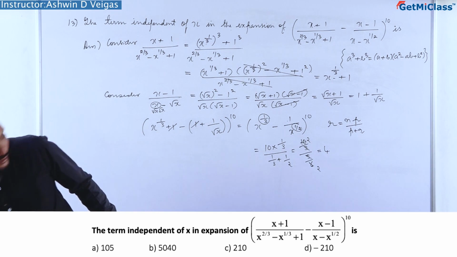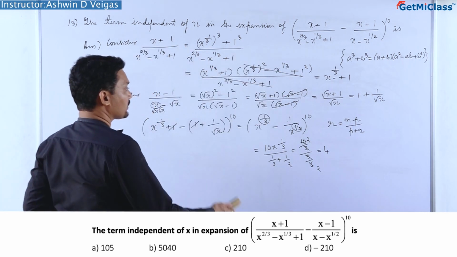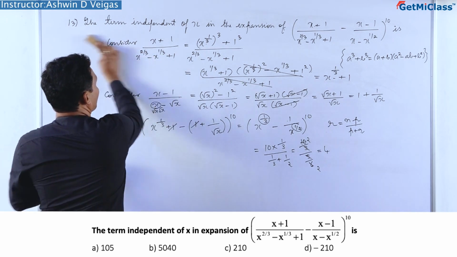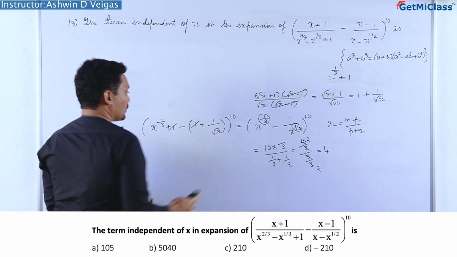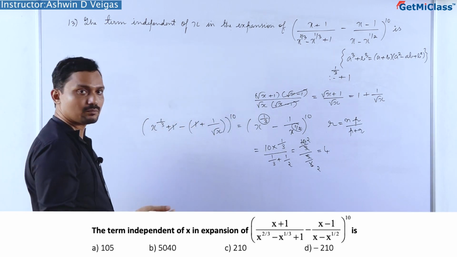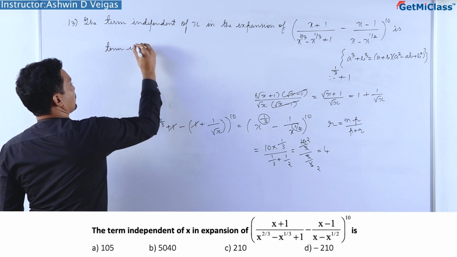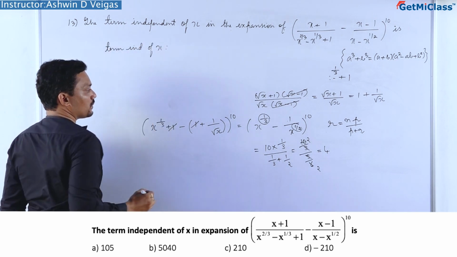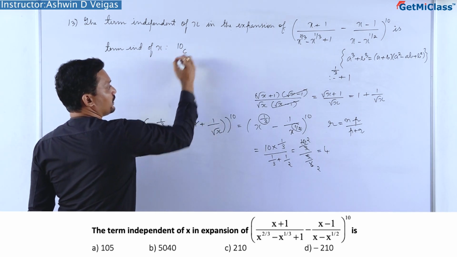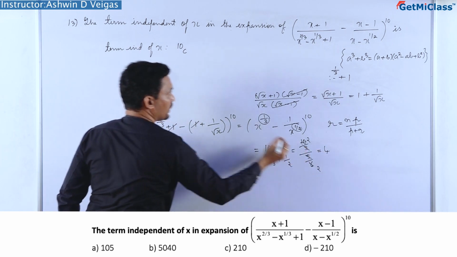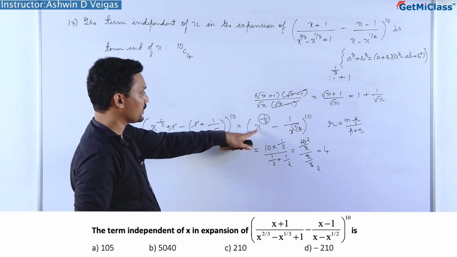Now they are asking for the term that is independent of x in this expansion. To write the term, there is again a very simple shortcut. The term independent of x is given by, first you have to write NCR. N is 10, and this is why we have found R, so it is NCR, that is 10C4, into, now go to this expansion.